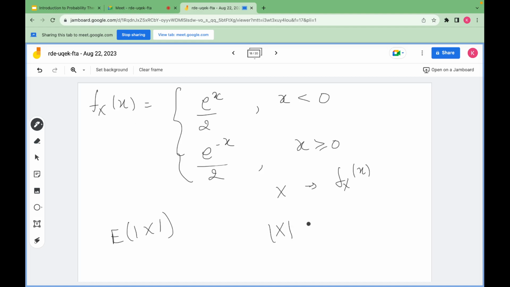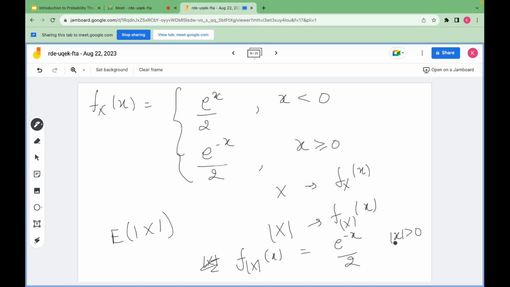So for this mod x, what will be the probability distribution function for this mod x? If you look closely, you can conclude that the probability mass function for mod x is nothing but e to the power minus x by 2, where mod x is greater than 0.